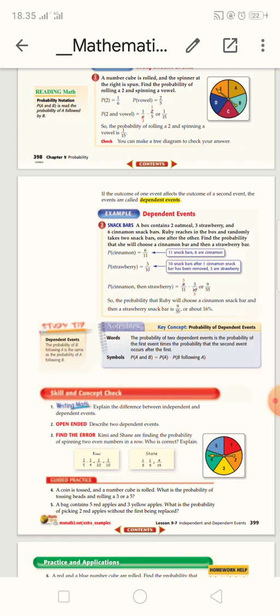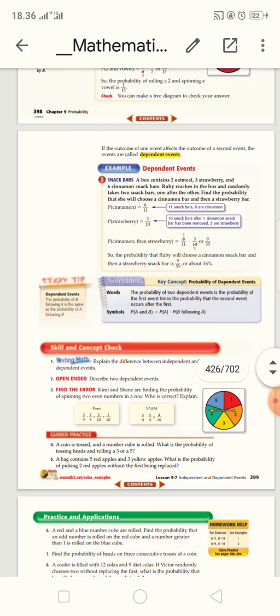A box contains 2 oatmeal, 3 strawberry, and 6 cinnamon snack bars. Ruby reaches in the box and randomly takes 2 snack bars, one after the other. Find the probability that she will choose a cinnamon bar and then a strawberry bar.